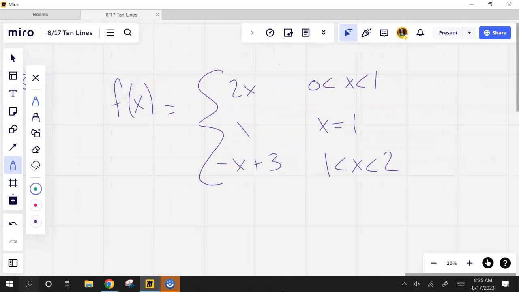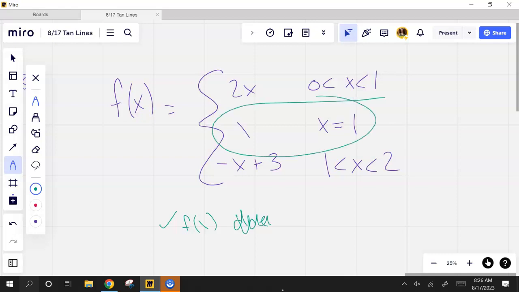Well, let's just look at each one individually. F of 1 does not exist. True or false? False, because it does. That's right. Well, so that's the one. Oh, because it says which one is not true. It does exist. Right? It's defined at 1. F of 1 is 1.